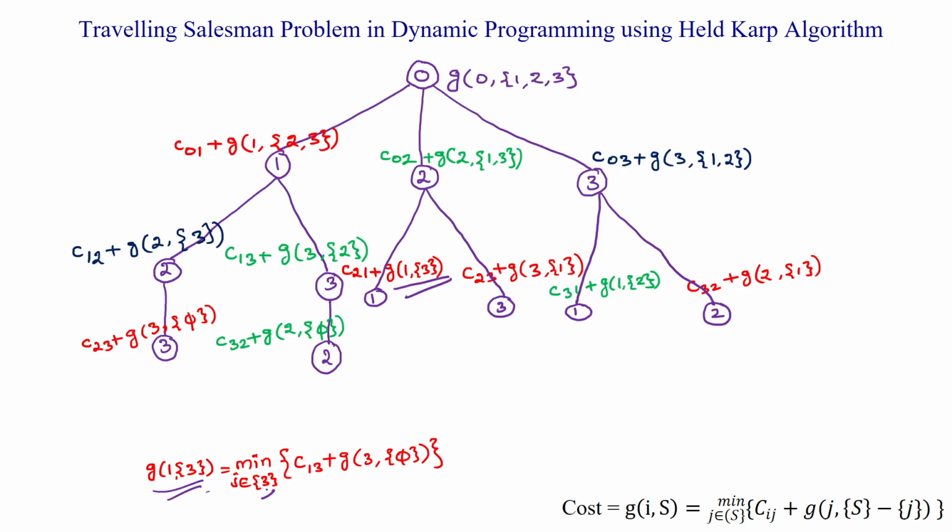Then here again we are having only one option, 3. Then c 1 j, j is 3, then g of j is 3. Now as I told you earlier, it is having only one option, that option is 3. So 3 minus that 3, which is also now visited, so minus 3, you got the empty set. Okay, that's what we are mentioning here.